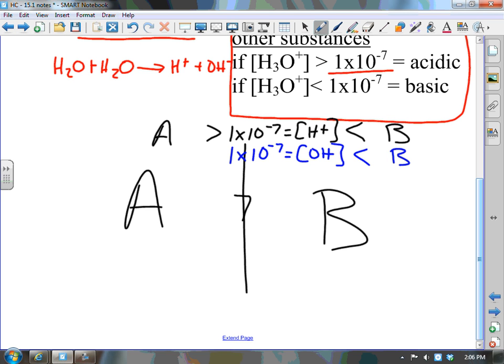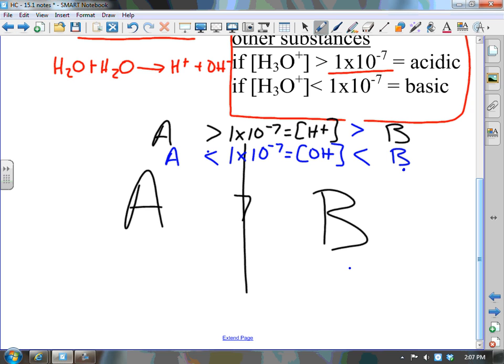If the concentration is less than that, then it's an acid. Actually, this one back here, if it's less than, that's what should be a base. So if this chemical has an amount greater than 1 times 10 to the minus 7, it's a base. If the chemical has an amount less than that, then it's an acid.